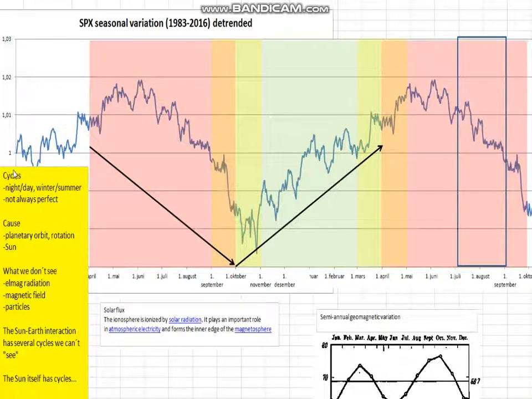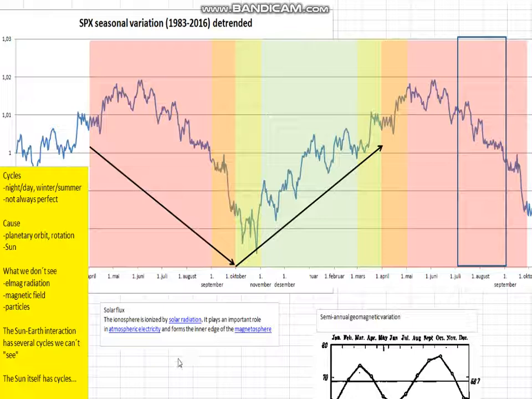We see we have a bullish bias into summer and bearish into the fall, and then again bullish. So can we find an explanation to this seasonal variation through the Earth-Sun interaction?